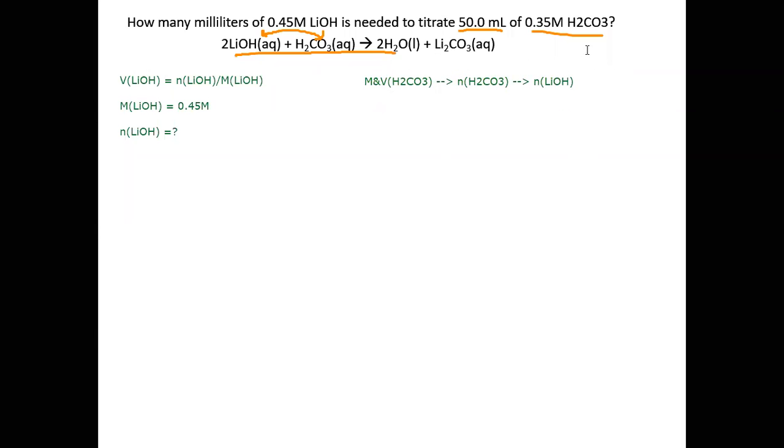Now we know the molarity of carbonic acid. Its molarity is 0.35. Now the volume we have to convert to liters. That's a very common mistake. People forget to convert to liters.